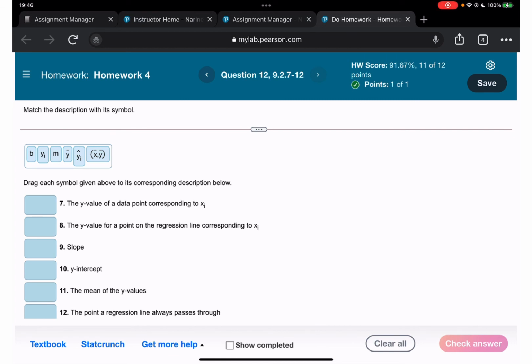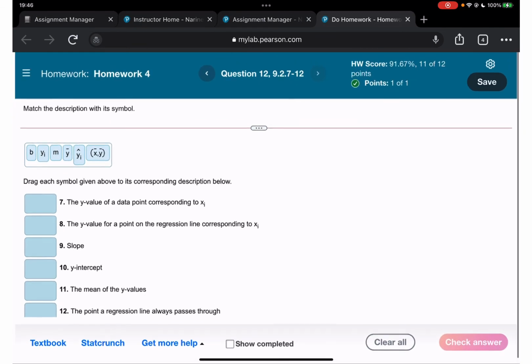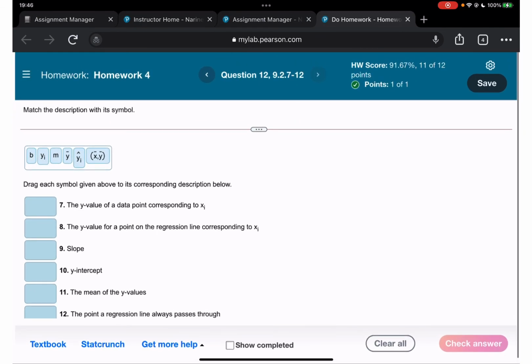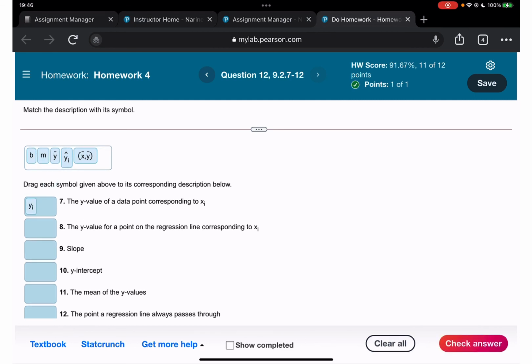So, the y value of the data point corresponding to x is going to be yi. This one. Next, the y value for the point on the regression line is going to be y hat.